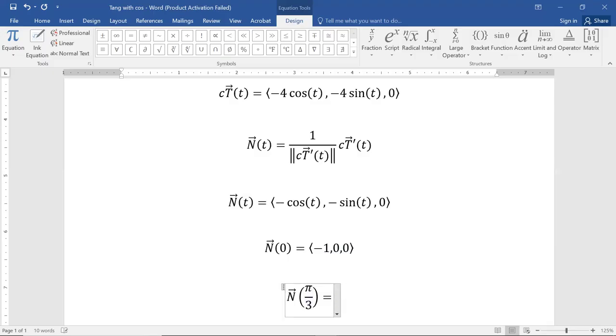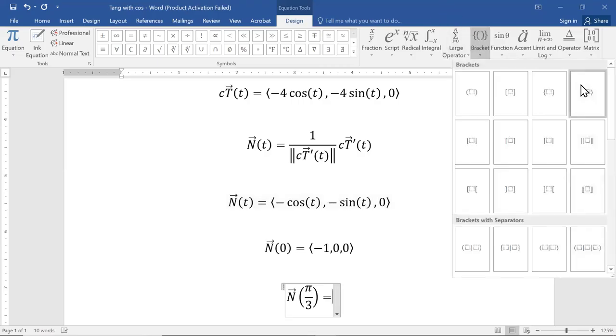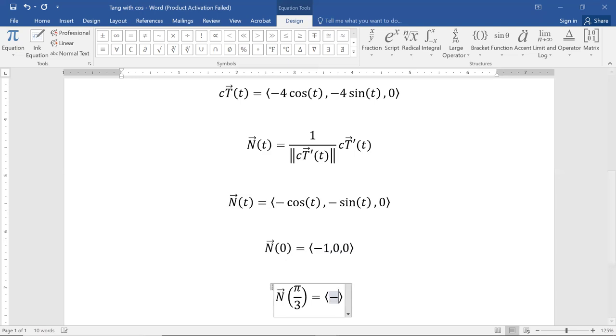Let's plug in pi over 3. If I plug pi over 3 into cosine, I get 1/2. So negative cosine of pi over 3 gives me negative 1/2. Negative sine of pi over 3 gives me negative √3 over 2.